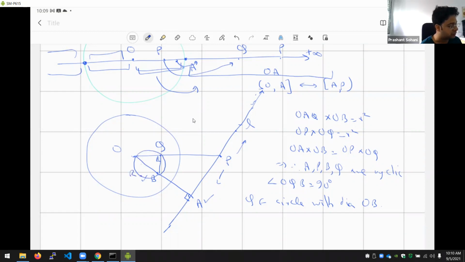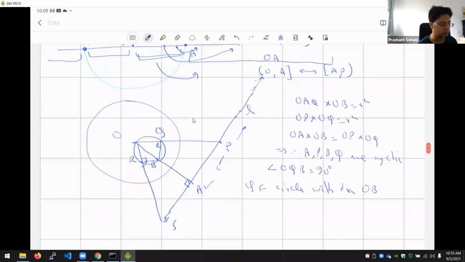So the inverse of R should also lie on the line L. Only then the argument is complete, but it's easy to see that, because if point R lies here, again by 90 degrees, this is a cyclic quadrilateral. So obviously OR into OS will be equal to R square. So you can show the if and only if part easily, but it's important for completion.